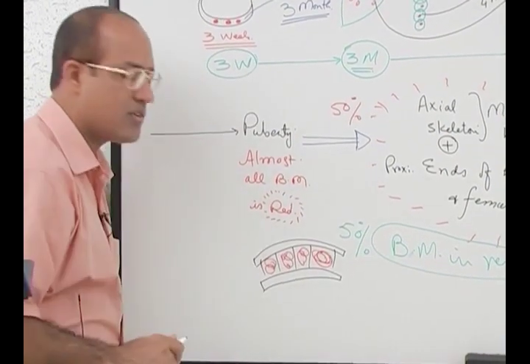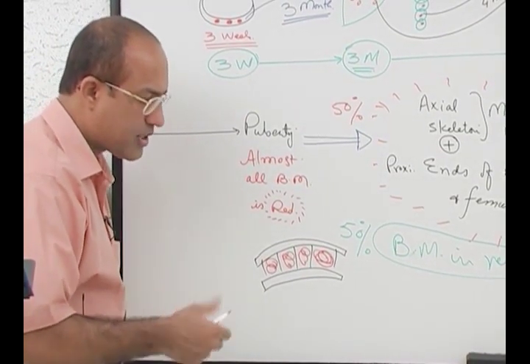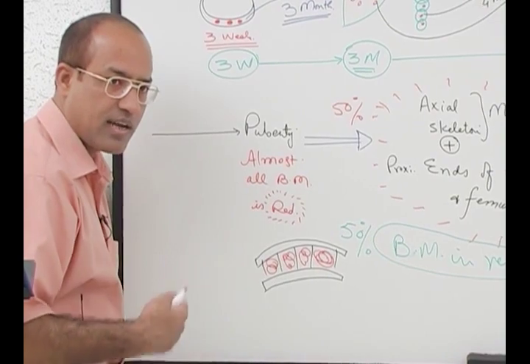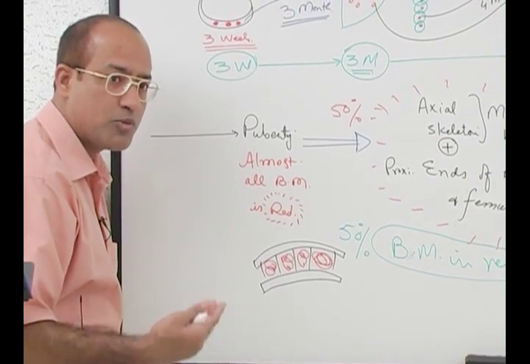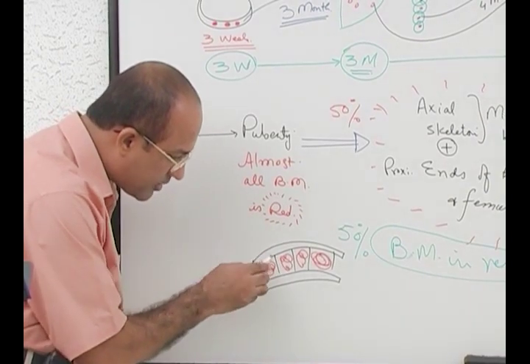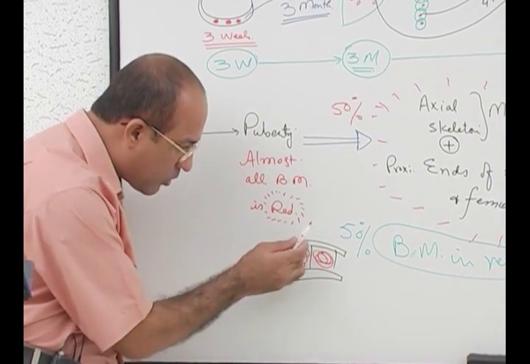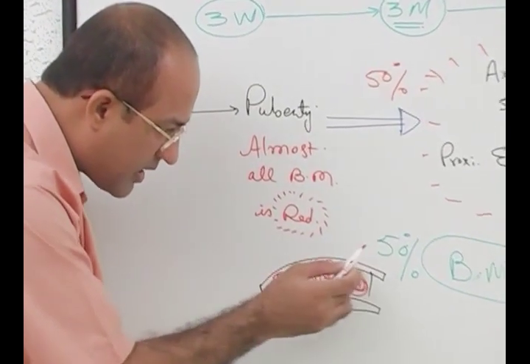Now what happens if someone has too much hemolysis going on in the body and the red bone marrow needs to expand? The red bone marrow will expand into these areas and the outer table will become thinner.